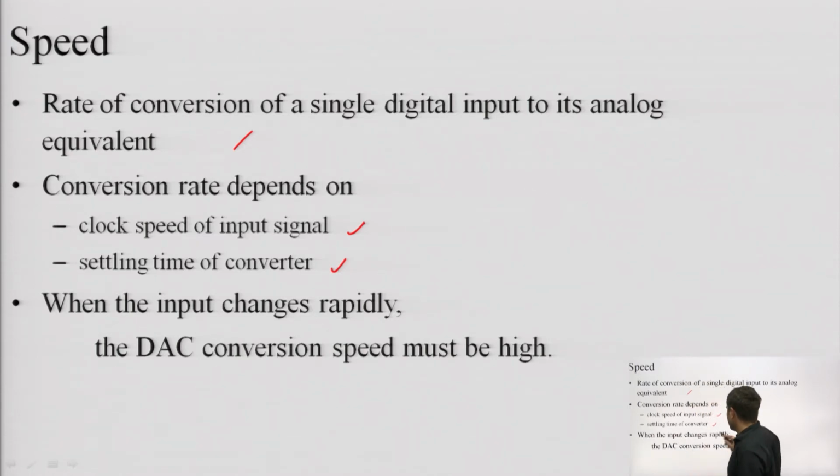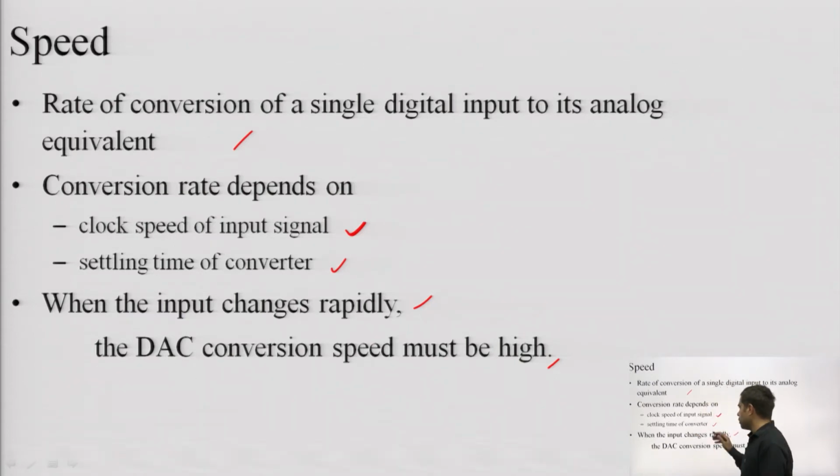So when the input changes rapidly, the DAC conversion speed must be high. If our inputs are fast changing, that means this clock must be able to accept all those transitions at the input. If the clock speed is on the lower side and the rate of change of input is higher, then we will definitely miss some input data points, and it will lead to distortion in the output.